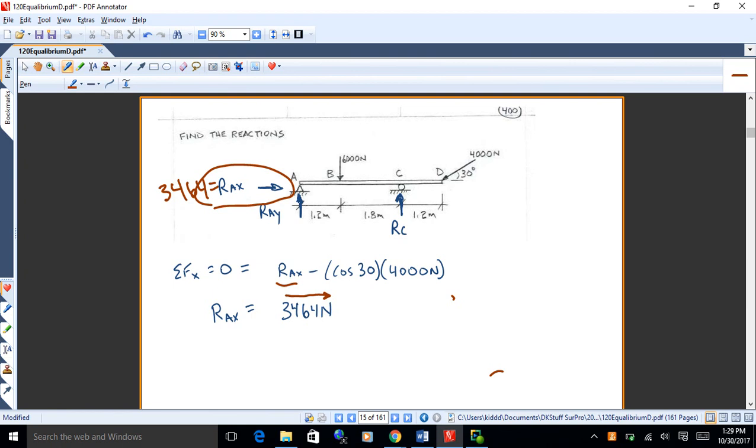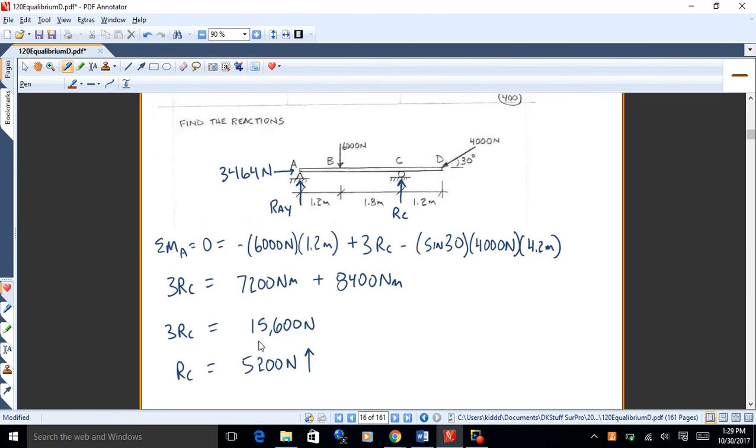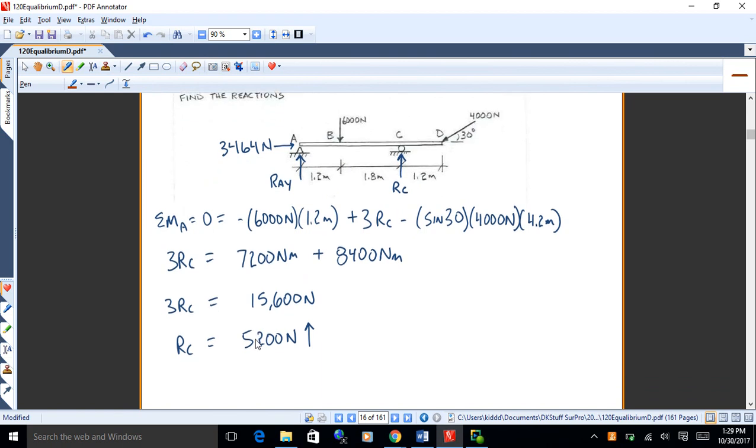Now, watch your signs on these. $5,200, something like that. All right.